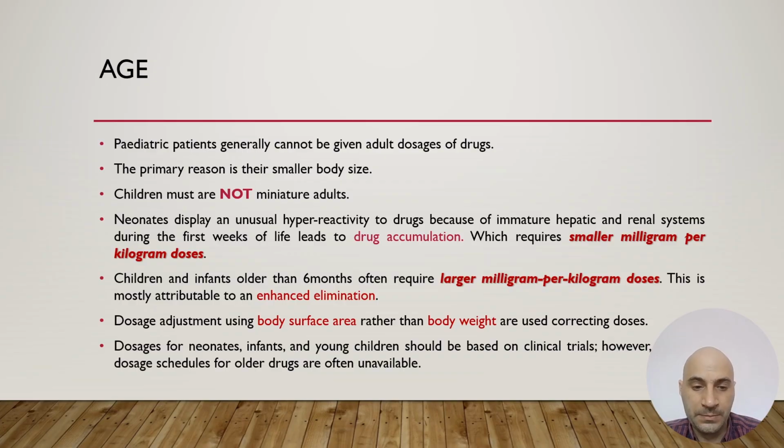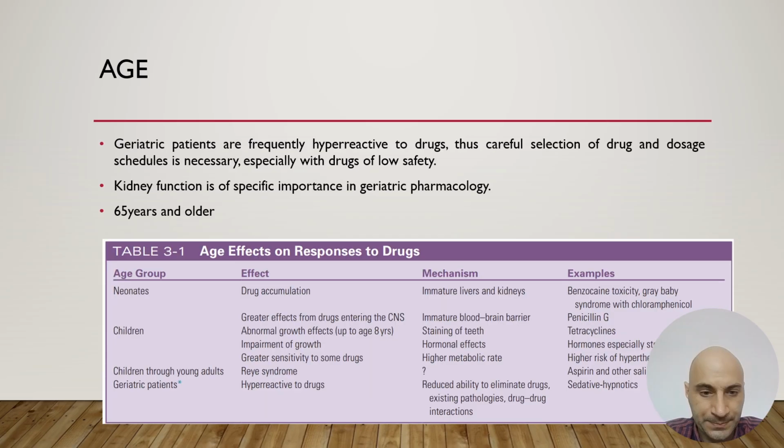However, at the end, those recommendations always follow clinical trials. They are evidence-based. There is no calculator that can give you the dose for a child from the dose for adults. It needs to be evidence-based.